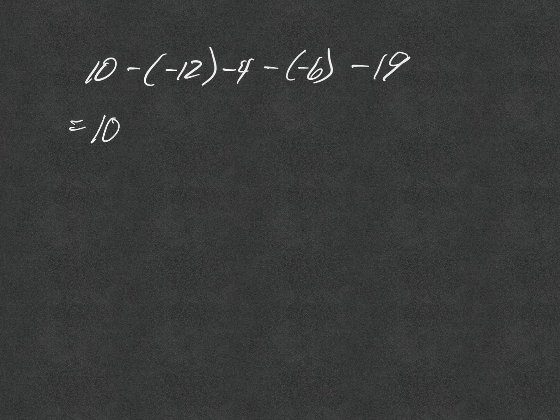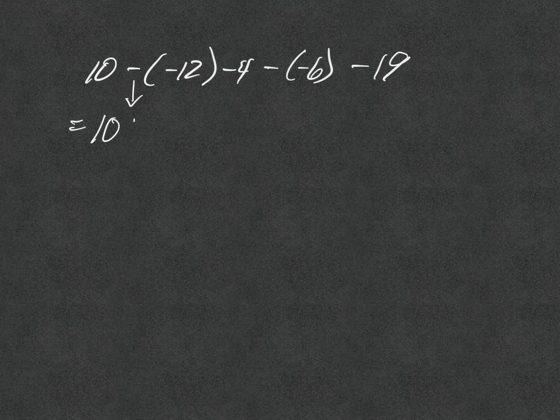So suppose you have a problem like this, and you have a lot of subtractions in it. Well, I think the easiest way to take care of it is to change all the subtractions to add the opposite. So I'm going to put the 10 here.